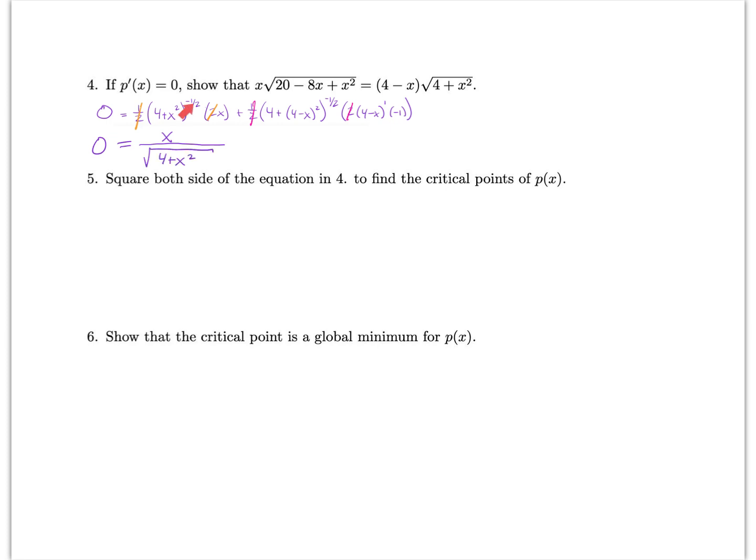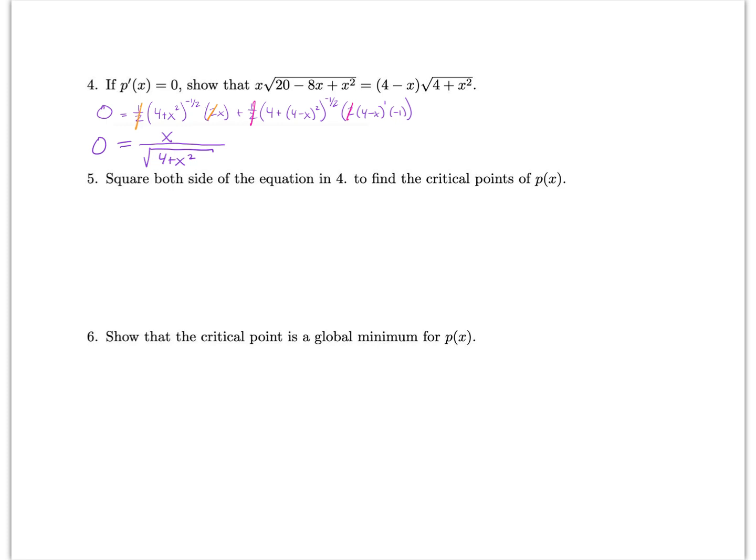Because I have a negative exponent, I can move it to the denominator and make the exponent positive. And then instead of writing it as the 1/2 power, I wrote it as a radical. Okay, next term, I have a 4 minus x that can go on top. And then this factor should be moved to the bottom, but make the exponent positive.